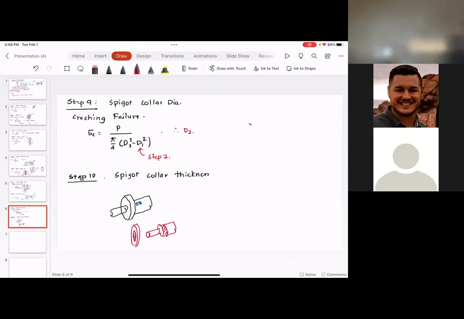Everyone understood the type of failure? So basically, this rod slides through along with the Spigot, and then this collar comes out. And this thickness is L5.